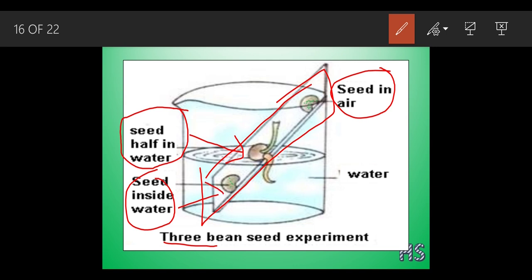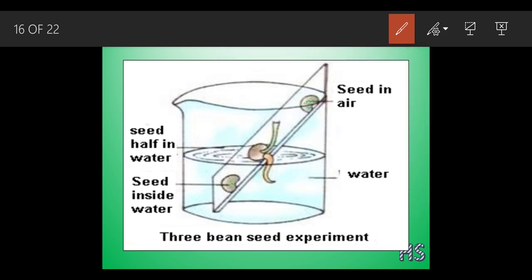This is getting only water, this is getting only air. We have studied that all the three factors are highly dependent on each other. We need a proper amount of water, a proper amount of air, and a proper amount of temperature.